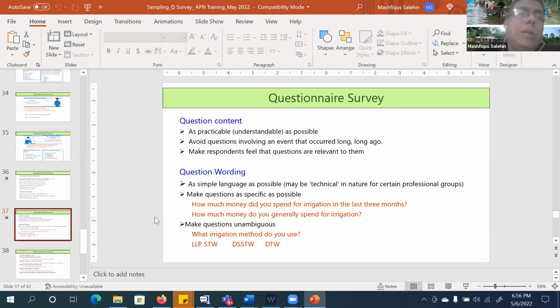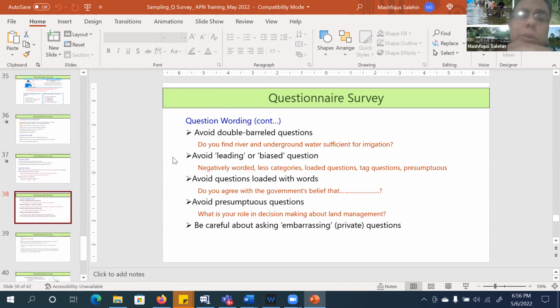You cannot use biased or leading questions. You cannot drive your respondents in one particular direction. You want to make it as flexible as possible, so they are as free as possible to choose a particular answer from the given choices.